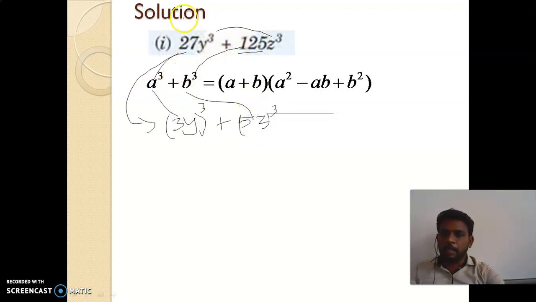So the given expression is in the form of the left hand side of the formula. So we are going to write this in right hand side format.